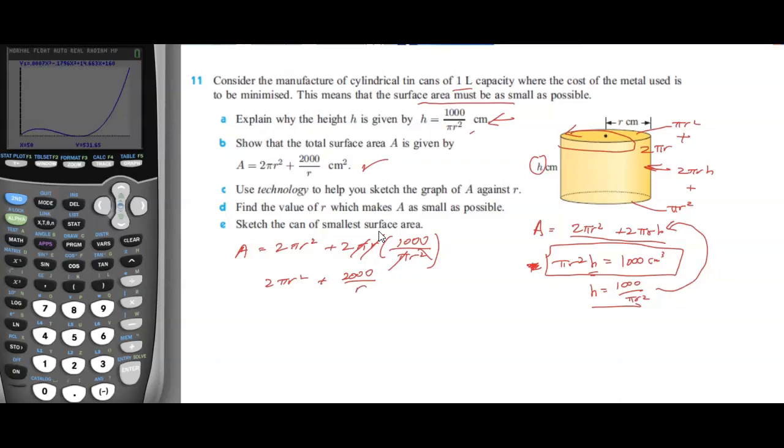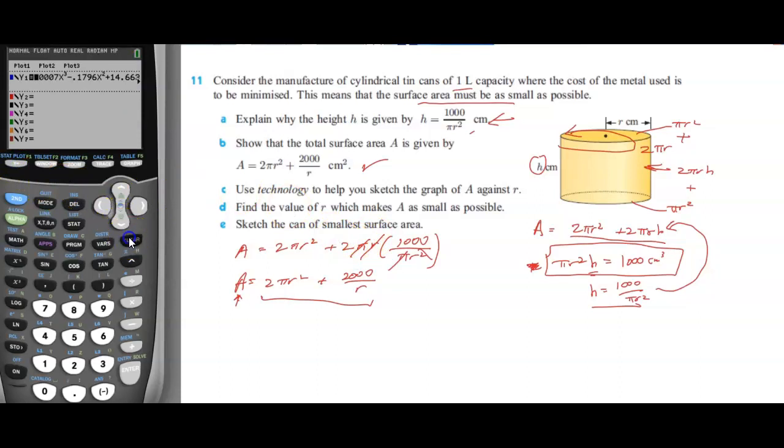Use technology to help you sketch a graph of A against r. So let's graph this. We're going to put this expression into y1. So we'll do y equals, and then I'm going to type in 2 pi r squared, so x squared, and then plus 2,000 divided by x, and we're going to graph that and sketch it.